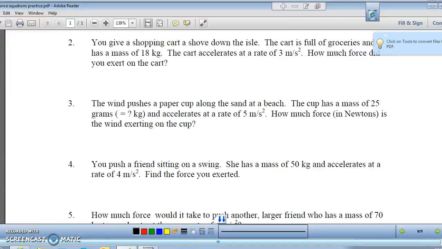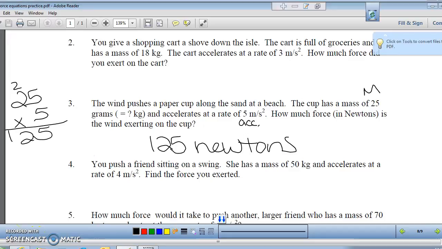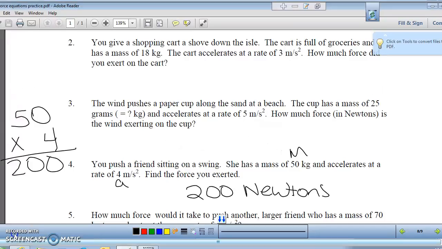On number 3, go ahead and pause and try it. So on this one, we had 25 times 5, and you should have gotten 125. And then make sure again that you labeled it newtons. Go ahead and try number 4. Okay, so on this one, the mass was 50, the acceleration was 4. 50 times 4 is 200, so the correct answer is 200 newtons of force.